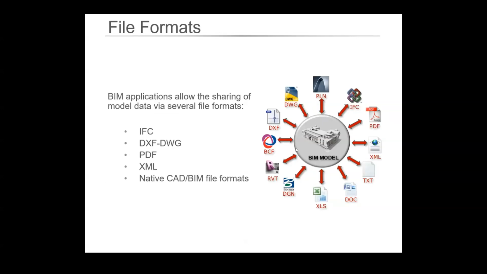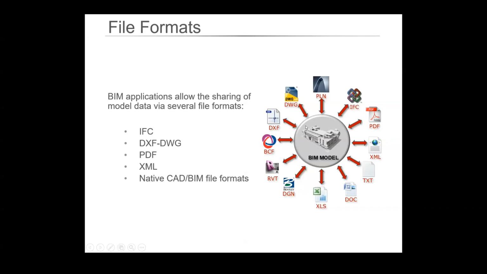So there's lots of file formats that we can use for BIM. Obviously for us, we tend to be using the PLNs, or the BIM Cloud files, basically. We're exporting generally out of our project as IFCs or DWGs. BCFs are sort of an extension of an IFC in that they can contain extra information in the file.